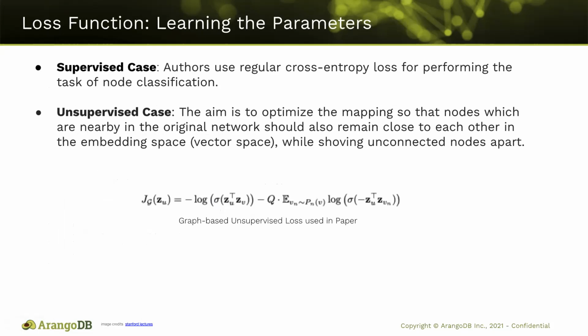So the loss function we use for training is, in the case of supervised learning, the author uses regular cross entropy loss for performing the task of node classification. In the unsupervised case, as we have discussed, the aim is to optimize the mapping so that the nodes which are nearby in the original network also remain close to each other in the embedding space, or vector space, while pushing the unconnected nodes apart.